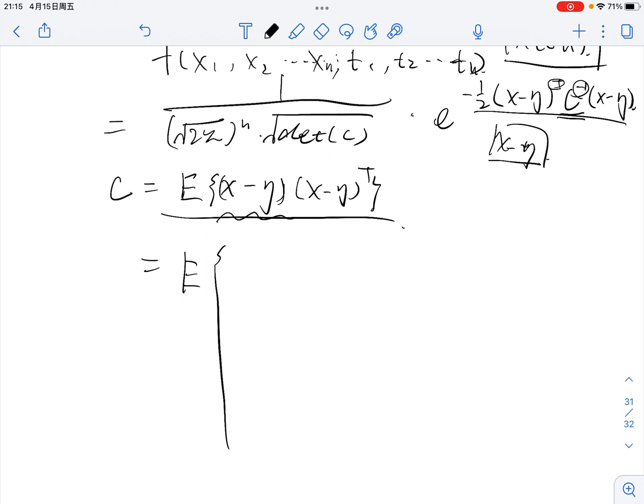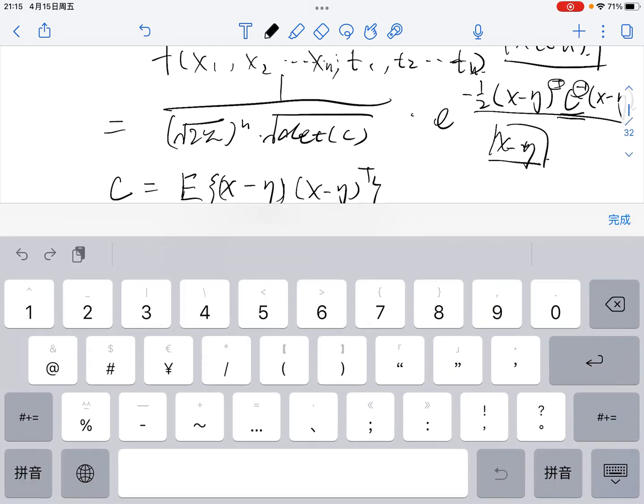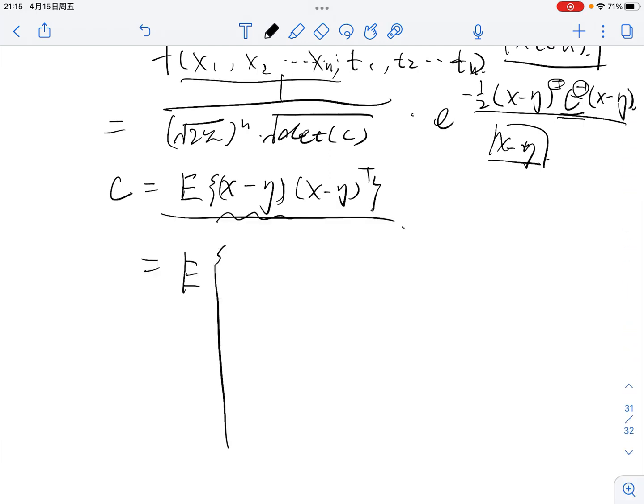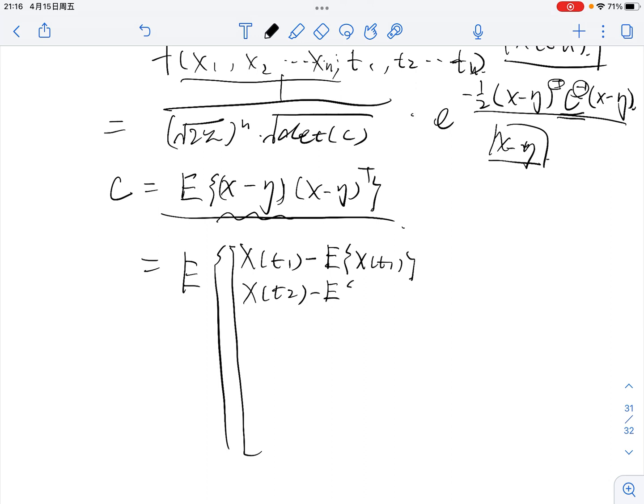If we write this further down, the first vector is, for every random variable x from 1 to n, x(t1) minus the expectation of x(t1), x(t2) minus the expectation of x(t2), and so on, till x(tn) minus the expectation of x(tn). This is the x minus eta vector.